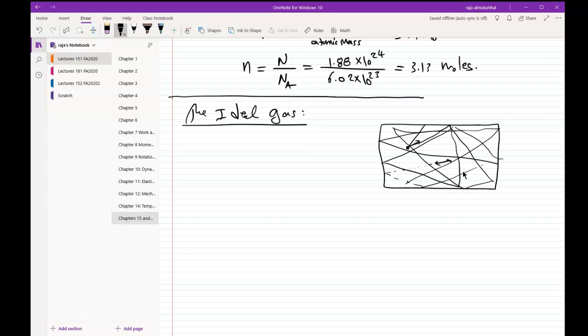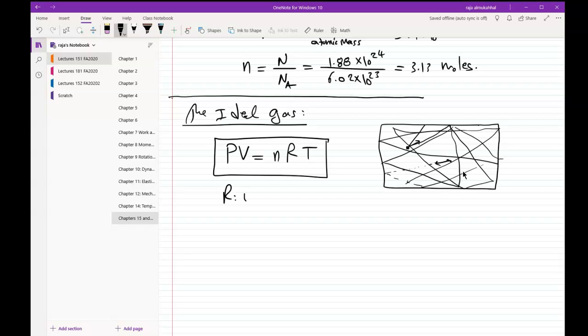As a result of that, because we are imagining this ideal gas, there is a nice formula that describes it. It's called the ideal gas formula, and it is PV equals nRT. I'm sure you've seen it before, where P is the pressure, V is the volume, and n is the number of moles. R is a constant.